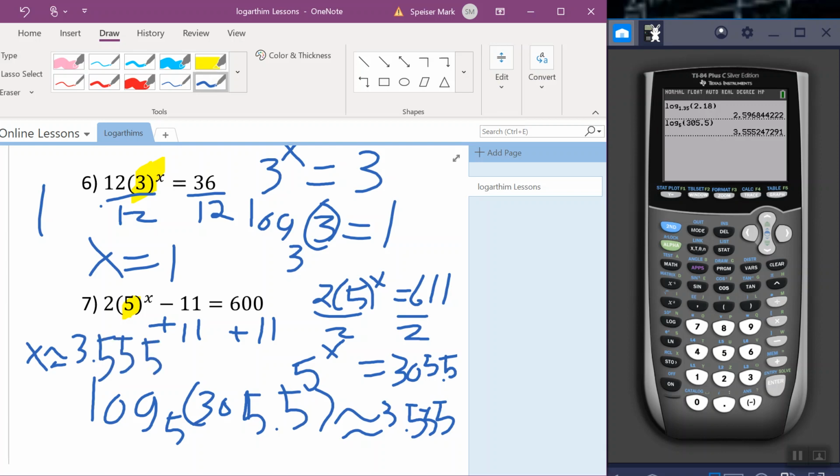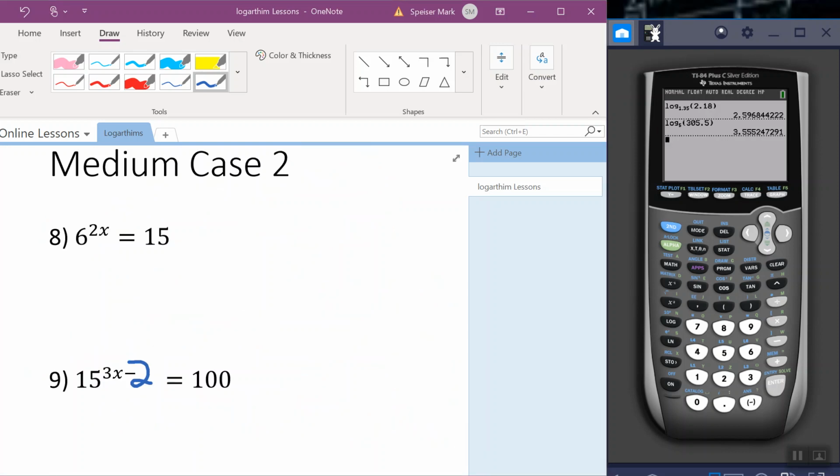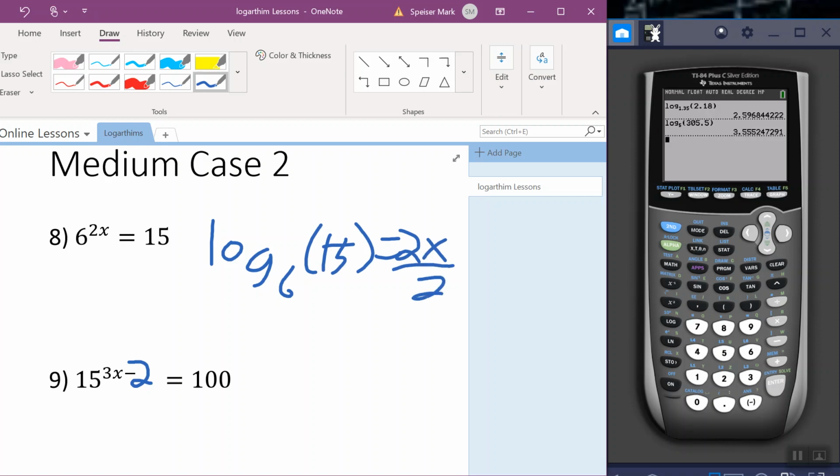Let's do some cases where there's more involved in x. I mean there's more involved in the power. So you have log of base 6 of 15 equals 2x. Don't use the calculator yet. Divide by 2. x equals log of base 6 of 15 divided by 2.